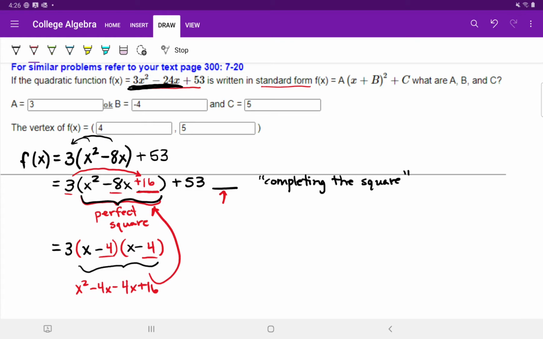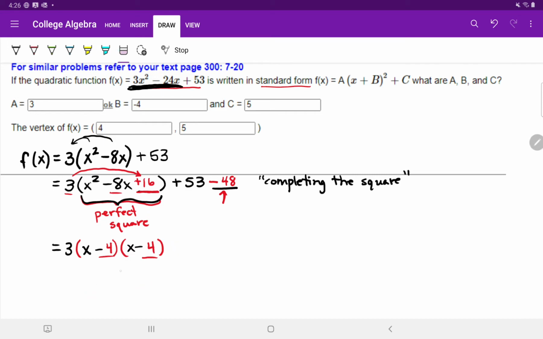Well, we're not allowed to just add 48 into our equation with no consequences. If you add 48, you have to offset it by also subtracting 48 as well. So we've added 48, we've subtracted 48, and by virtue of doing both of those things, we technically haven't changed our equation. And this is the process of completing the square.